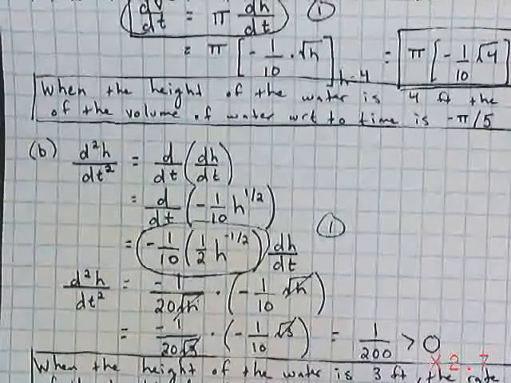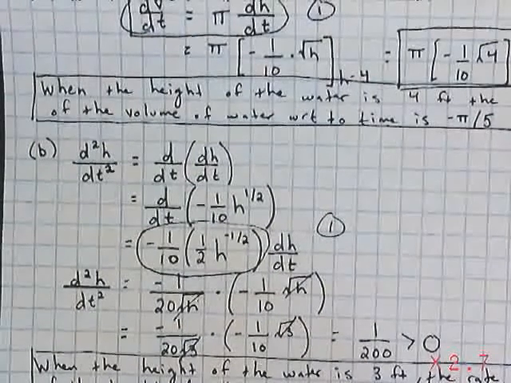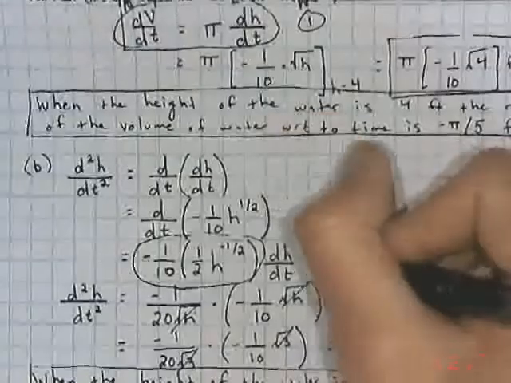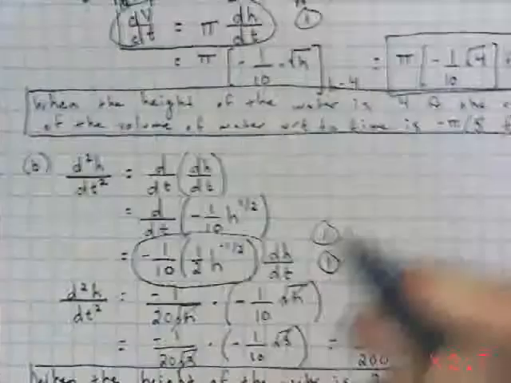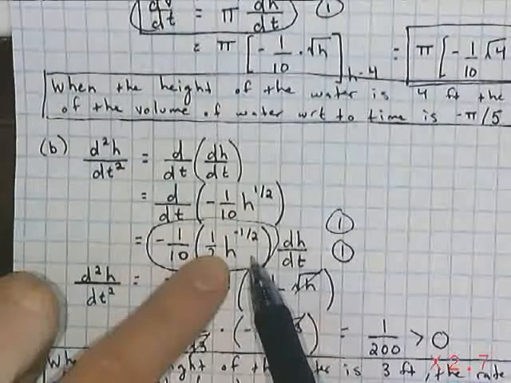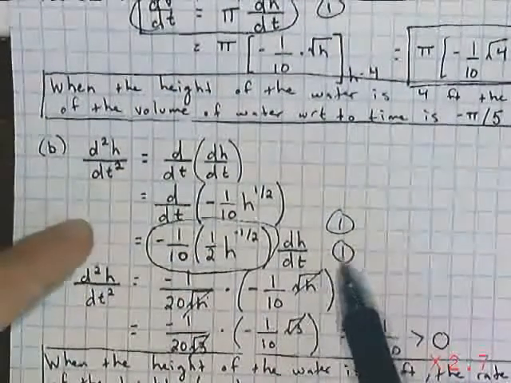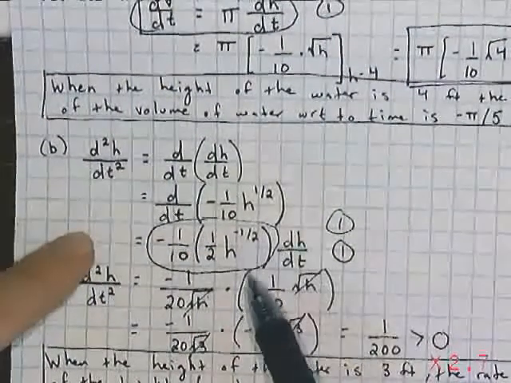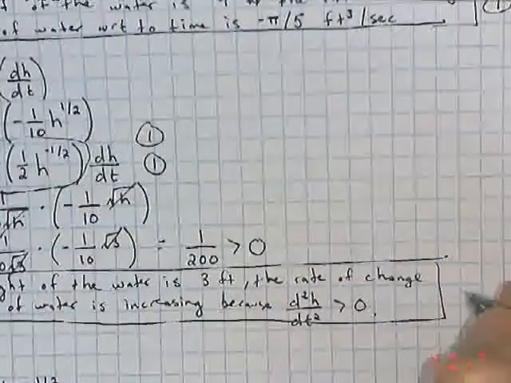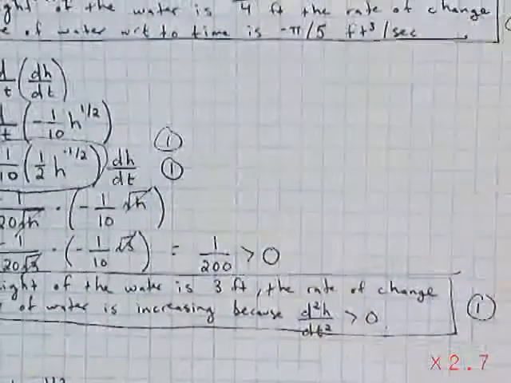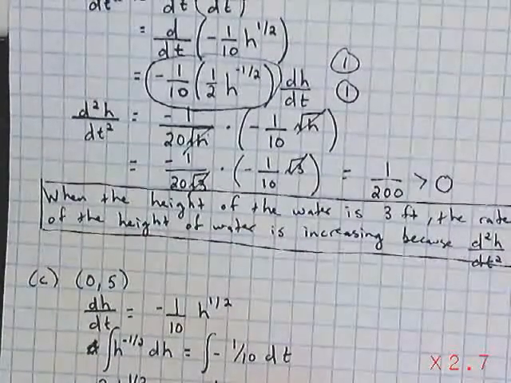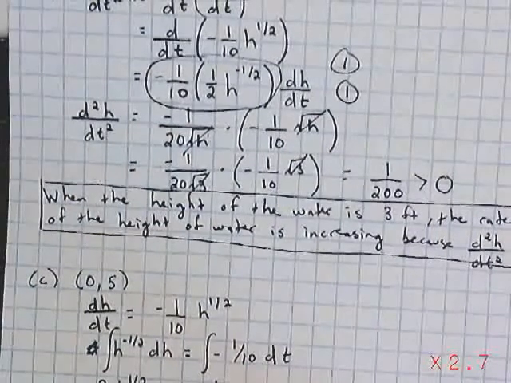Your first point was actually a line higher. So actually this was 2 points wrapped up in one. You got 1 point first for identifying this derivative, and then for identifying that the second derivative was this whole expression. And then your third point was for your conclusion. So that was 3.